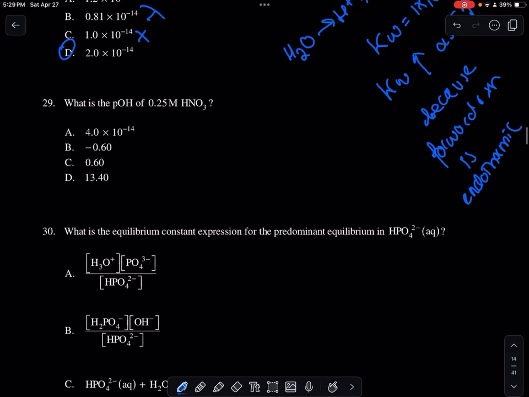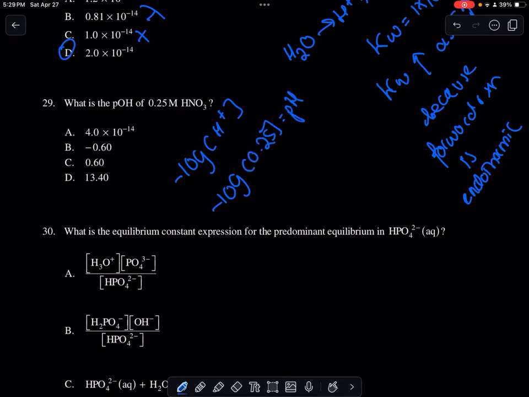What is the pOH of 0.25 molar HNO3? Okay, so let's have a look. So what is the pH, first of all? So pH equals negative log H plus, so it'll be negative log of 0.25, which is the pH.